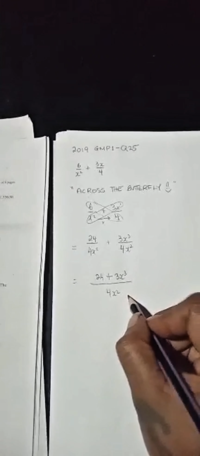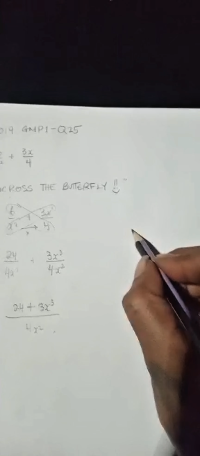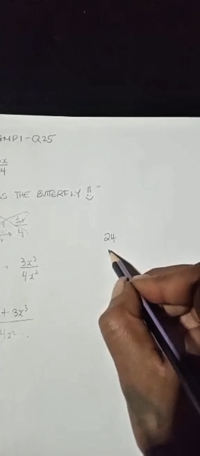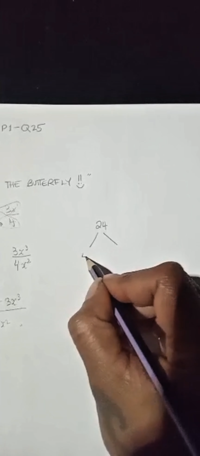Now we're not at the final answer yet because our options are all factorized. So we'll need to factorize our answer. You can check out my previous videos on factorizing where we use prime factorization. So factors of 24, 4 times 6.